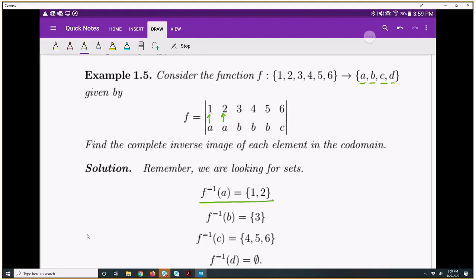Similarly, which elements in the domain were sent to b? 3, 4, and 5. And which elements were sent to c? It looks like I have a typo here, but this should be 3, 4, and 5 were sent to b, and only the element 6 was sent to c.